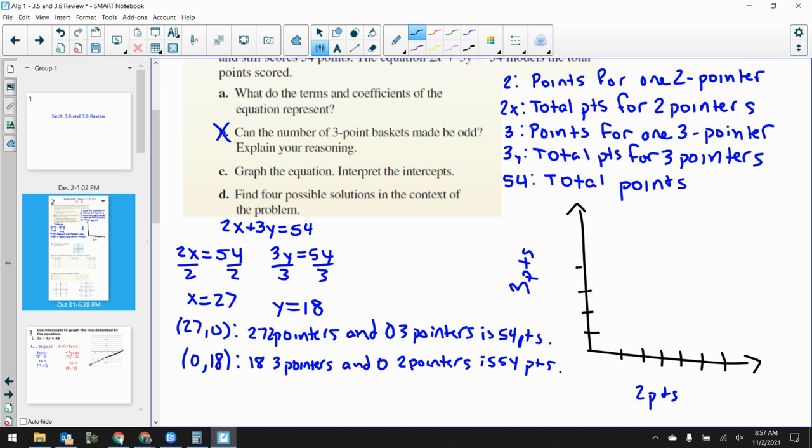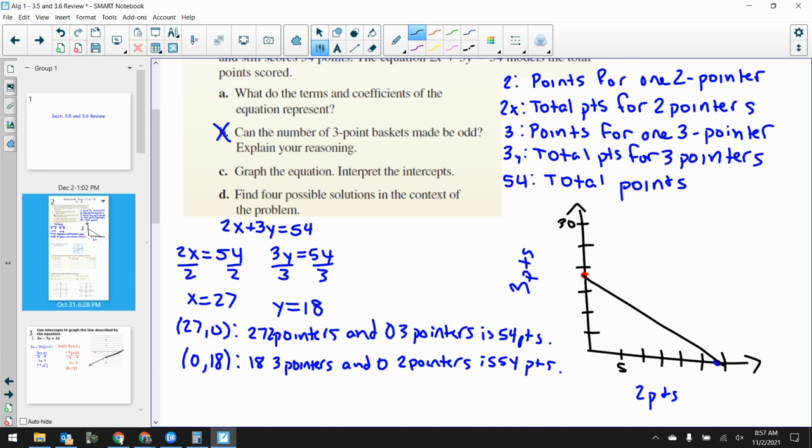I know I don't need to go up that much. Let's label one of them, though. 5. Okay, I've got 27, 0. So somewhere around right here. And then I've got 0, 18. 5, 10, 15, 20. So somewhere around right here. All right, graph my line in between them.